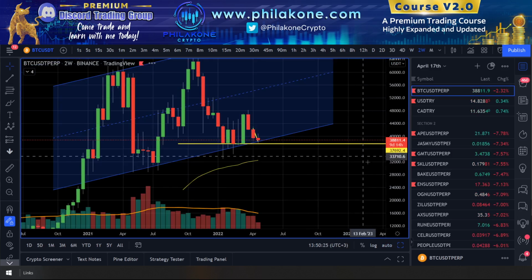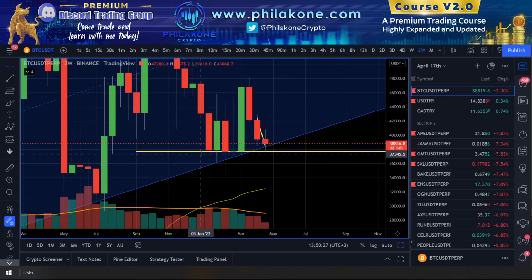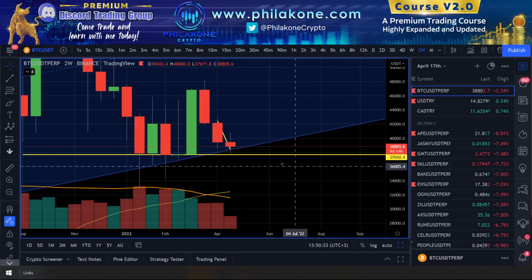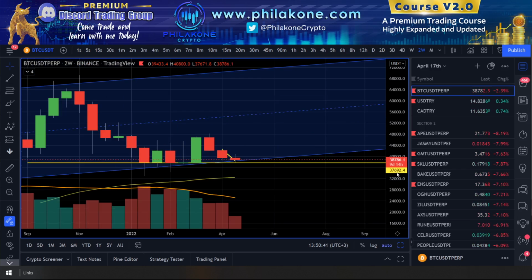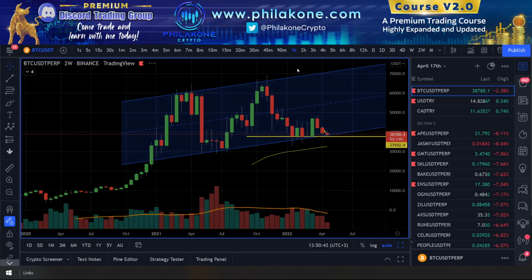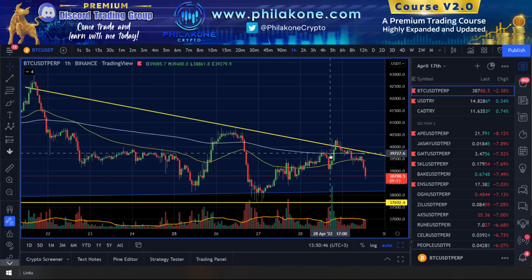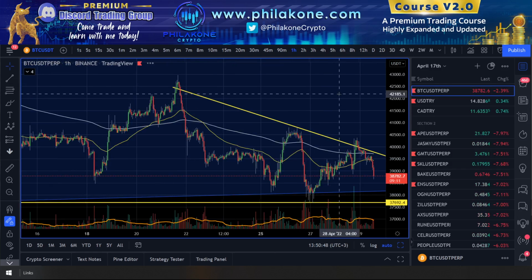If you take a look on the two week, you see the open, close, open, close, open there, right here where the yellow line is, which happens to be exactly where we hit as well. We hit 37,671. The support's right around that 37,700 range, okay? Because it's at that range, we naturally got to bounce the first time.